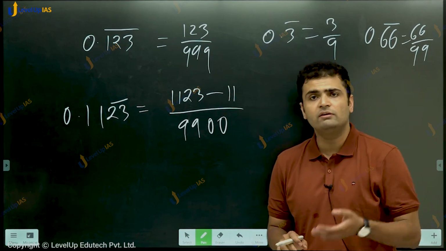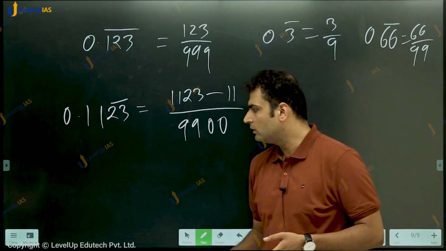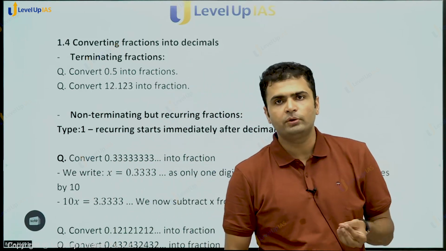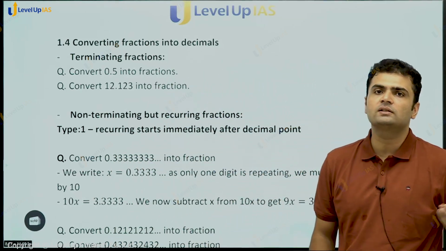I'm sorry if I'm rushing a bit, but we have a lot of ground to cover, and this is a revision course. So I hope you have already studied this, and this is kind of revision for you.